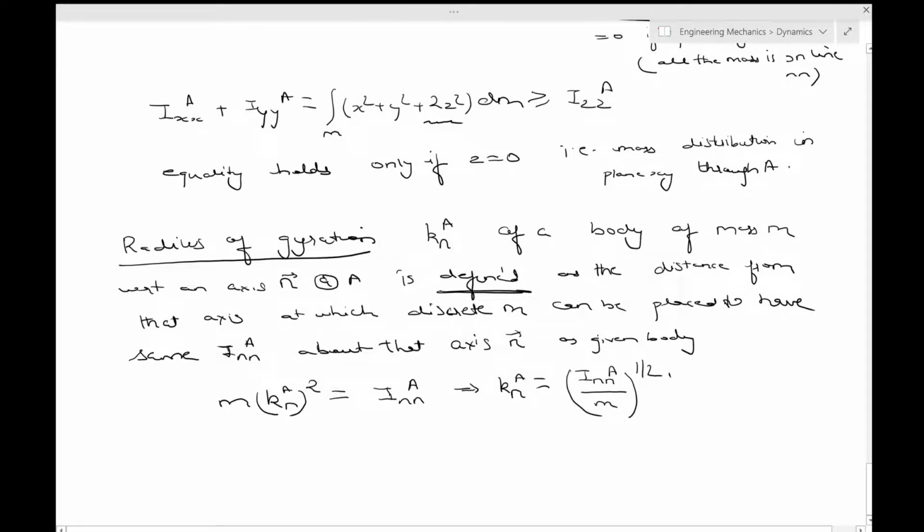Now this means that we had represented actually not in terms of n but in x and y.